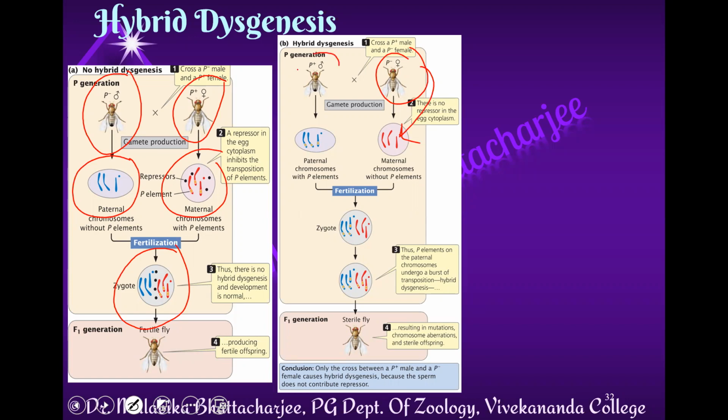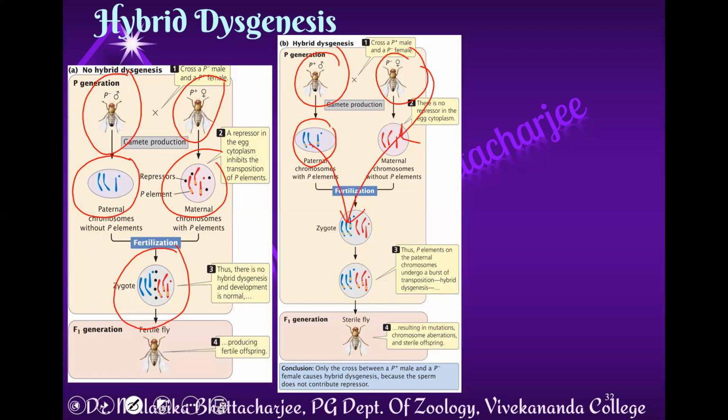Now here the male is P plus. As I said, the P plus males do not produce any repressor elements. So this is the sperm containing the chromosomes as well as the P elements present in the chromosomes, which, if the need arises, can jump out because there is no repressor element to prevent their jumping.